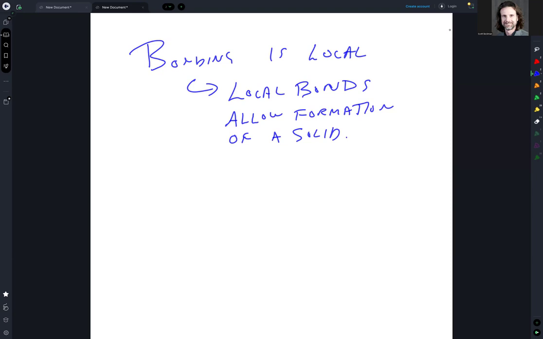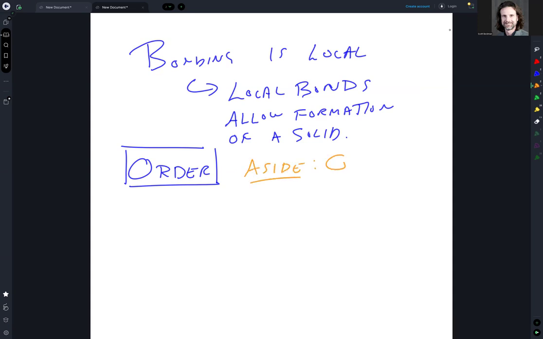So how do we talk about this? Well, the discussion of this has to do with the order of the atoms locally, or I should say the order of the atoms in this solid. Now, as an aside, order is essential for defining phases.